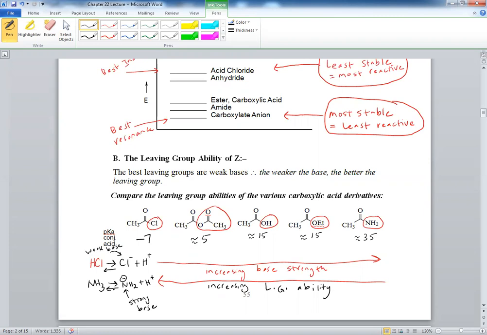So that's what we're trying to explain here. The best leaving group is Cl. The worst leaving group is NH2. So that's what you need to remember.